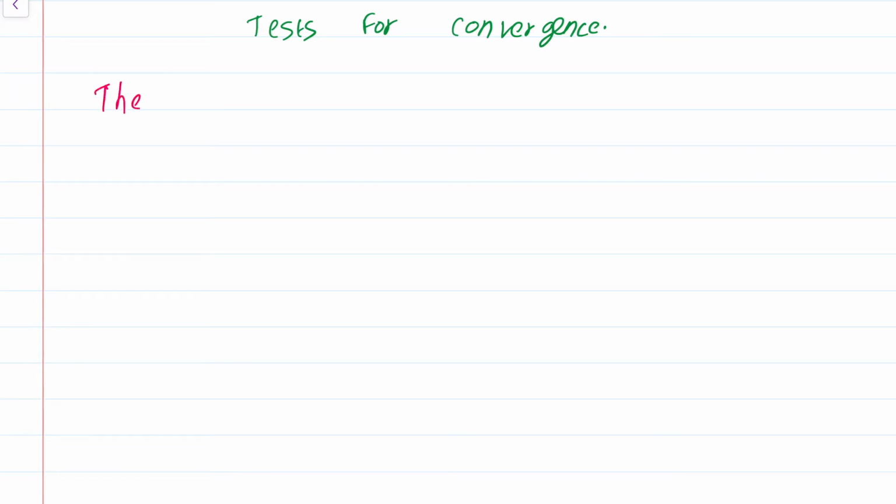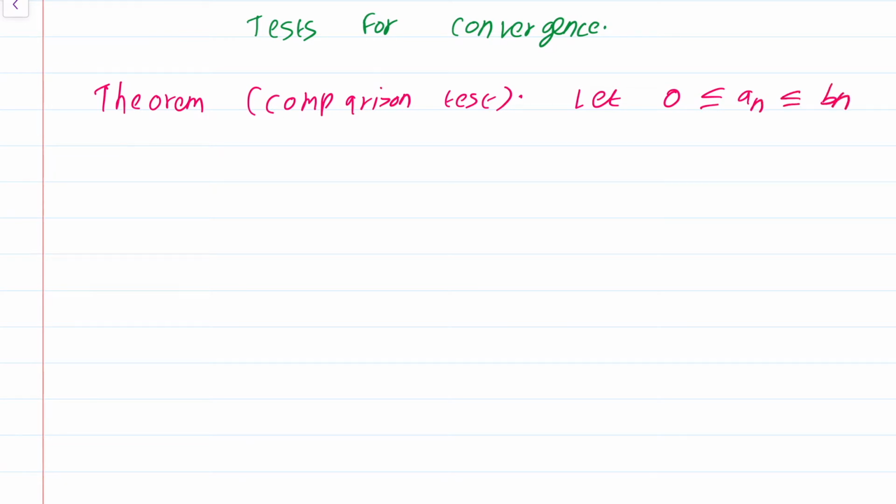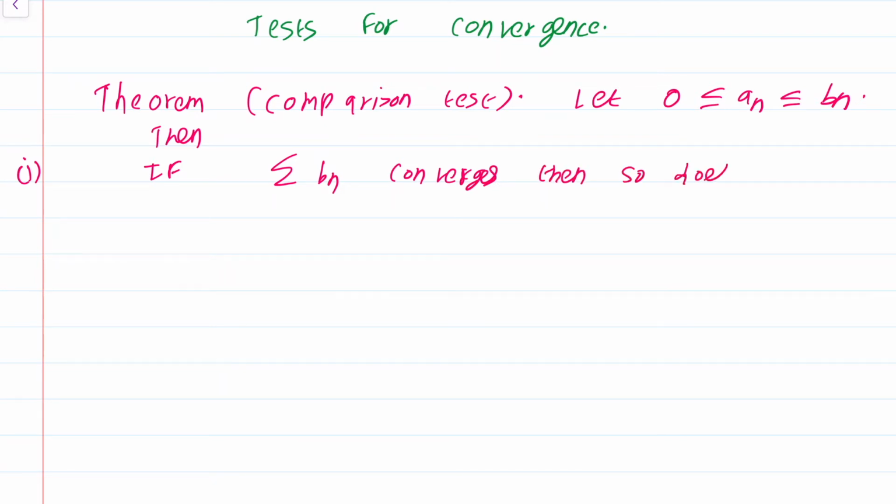Theorem, comparison test. Let 0 less than or equal to an less than or equal to bn. Then first part, if summation bn converges, then so does summation an.